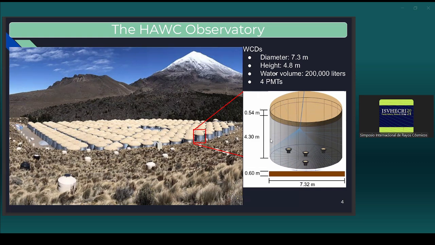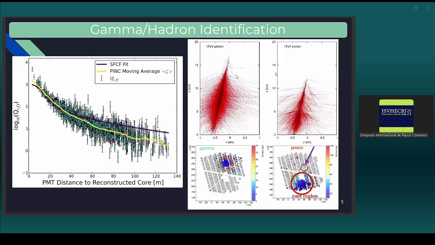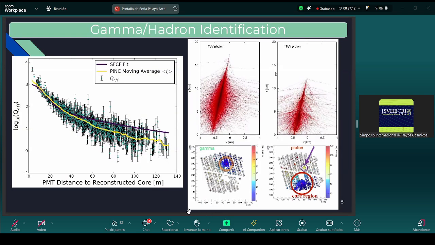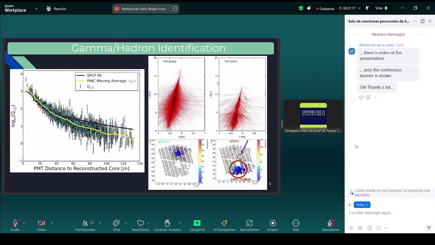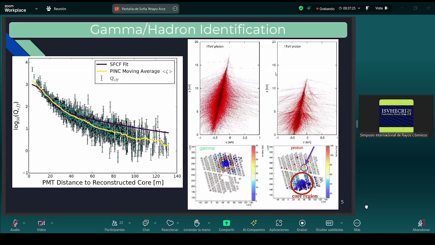With this, we are capable of gamma hadron separation, or identification in this case. Here I'm showing you 2 different kinds of events, one generated by a photon and one generated by a proton.